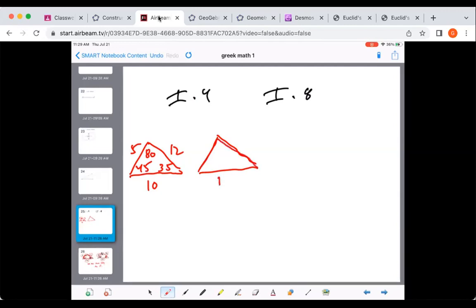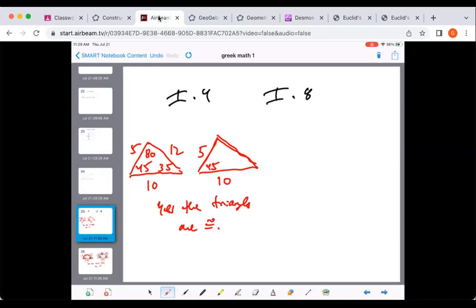If I just knew any 2 sides were equal, and that the angle between those 2 sides was equal to the angle between the corresponding 2 sides in the other triangle, then I can say, yes, the triangles are congruent.